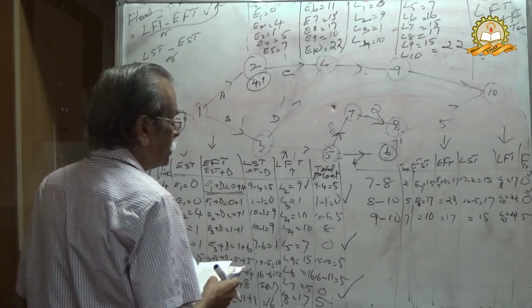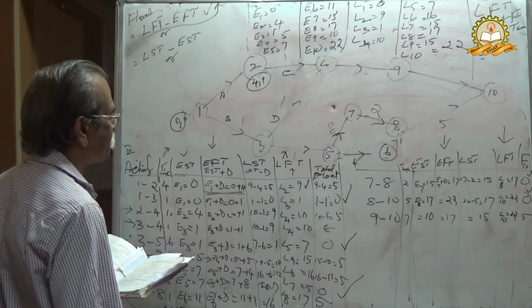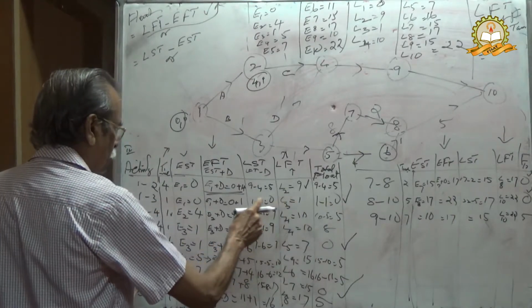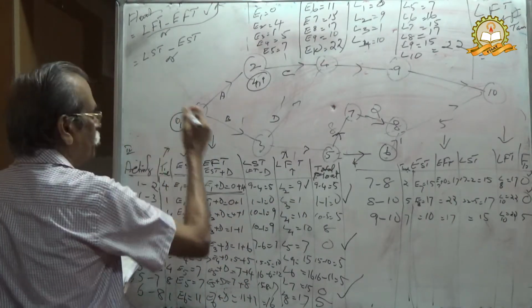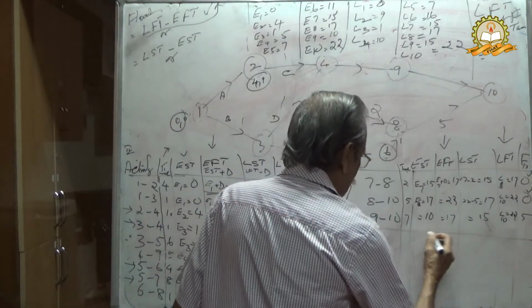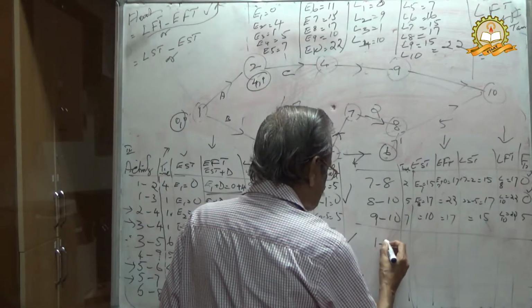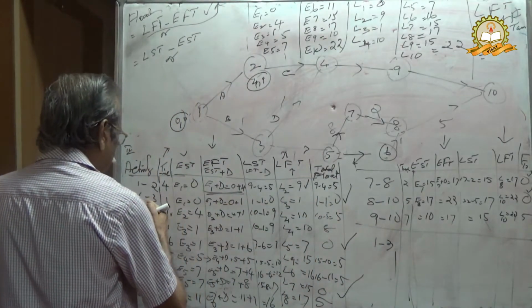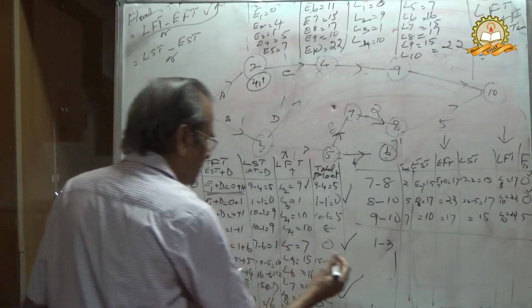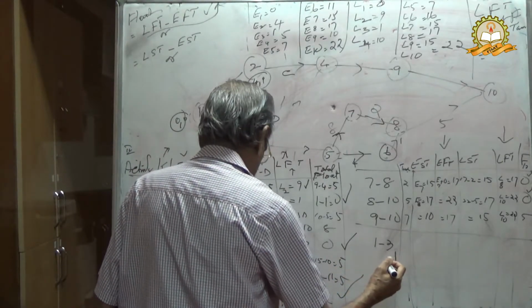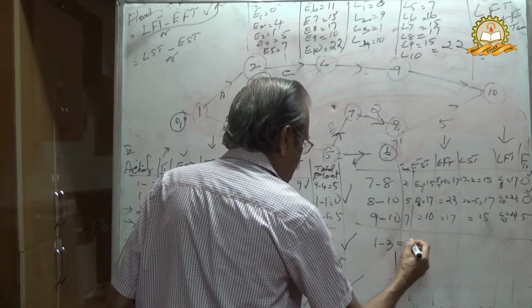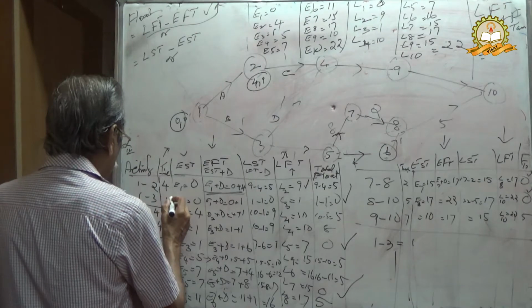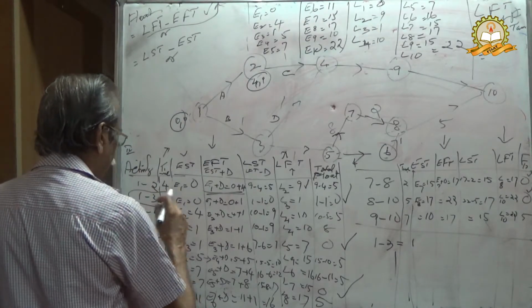The results are: float is 0 here, therefore activity 1 3 has float 0. Activity 1 3, duration equal to 1.